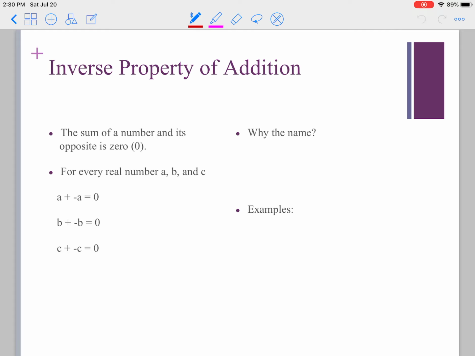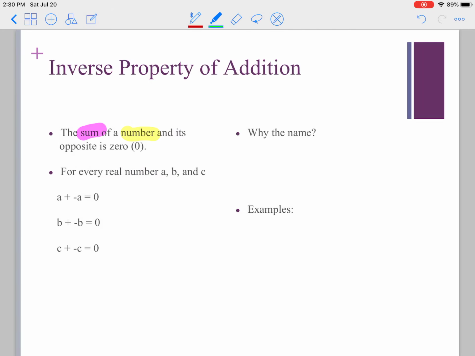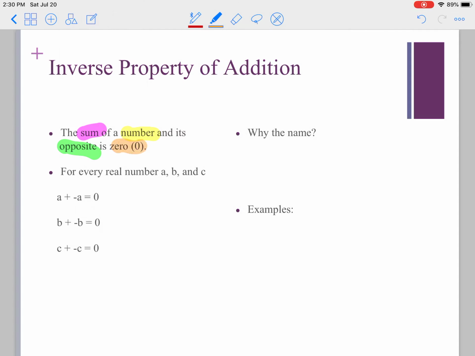This is called the inverse property of addition. Once again, we're using addition, and we're taking the sum, we're adding a number and its opposite. So a number and its opposite, and that will equal 0.